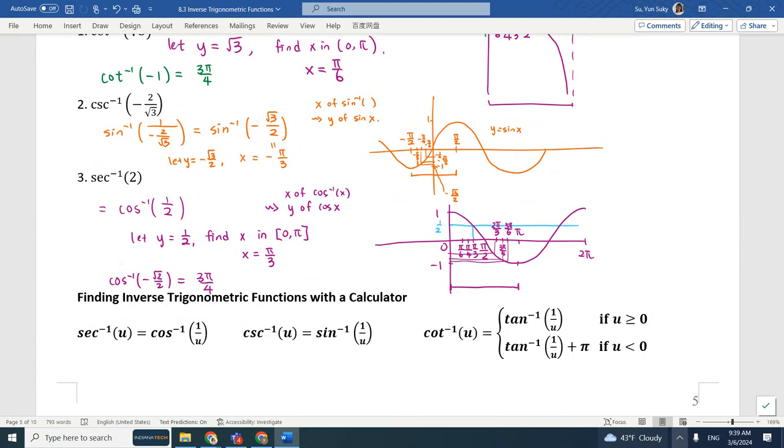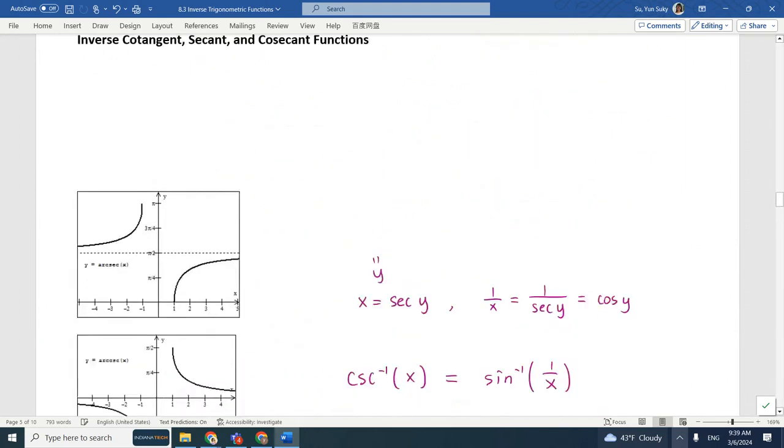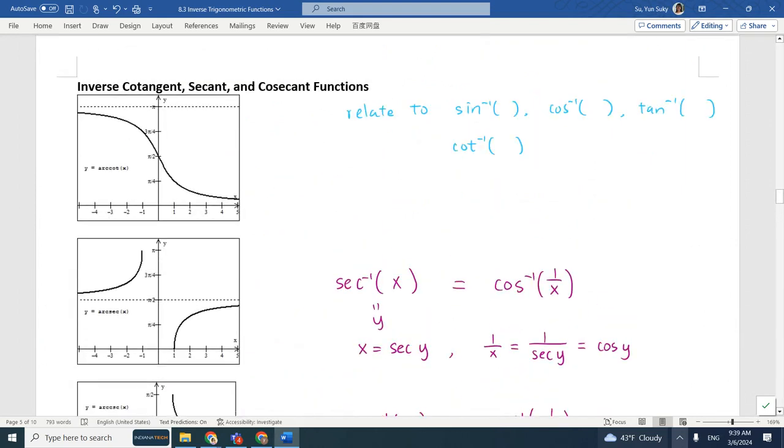And let's check our range for it. So what is the range? Okay, so arc secant. What does arc secant look like? This is arc secant. Look at the range. Do you see the range is from 0 to pi over 2, and then you don't include pi over 2, and then pi over 2 to pi, everybody?